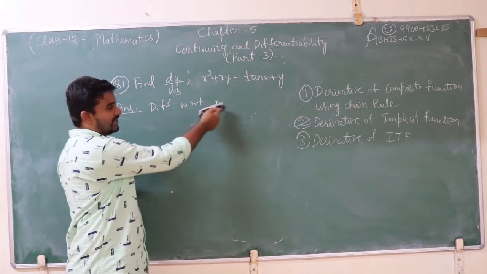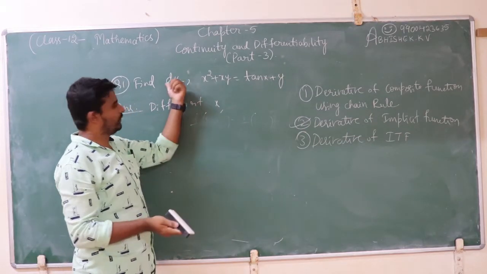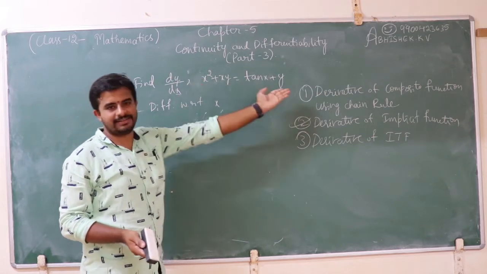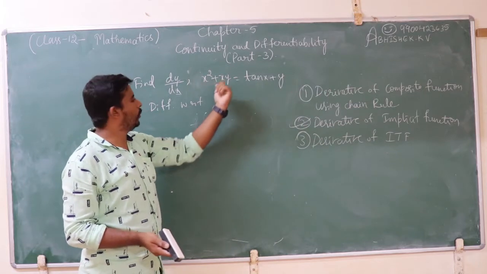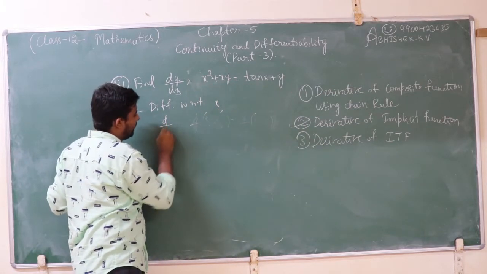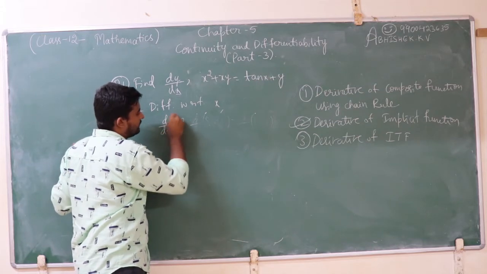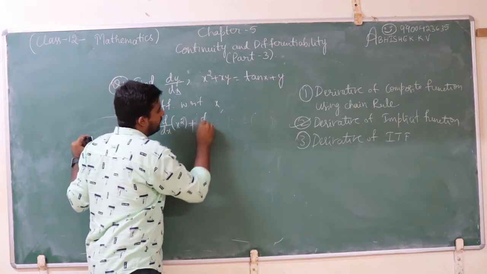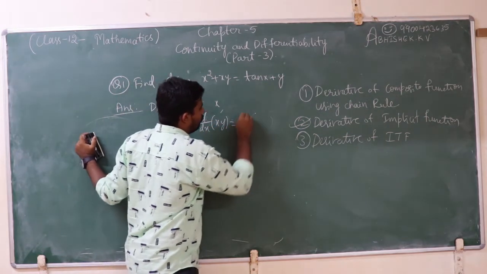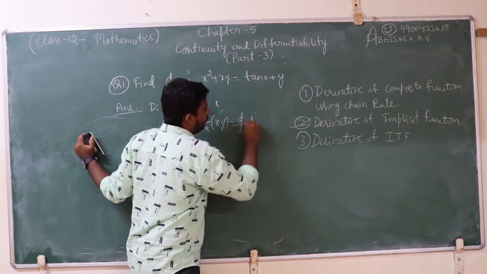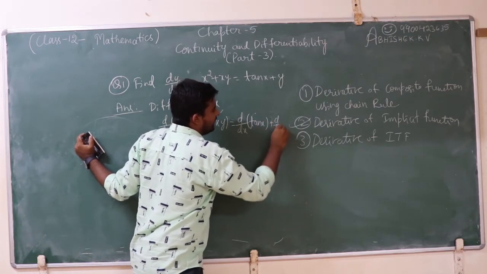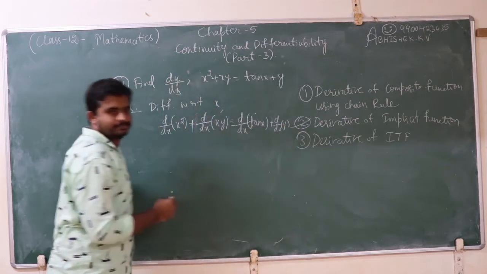Differentiate with respect to x as usual, because we need to find the derivative with respect to x. When I apply the derivative, d by dx of x square plus d by dx of xy is equal to d by dx of tan x plus d by dx of y.